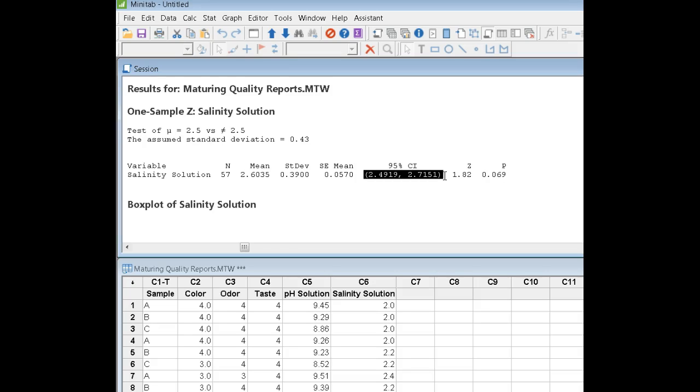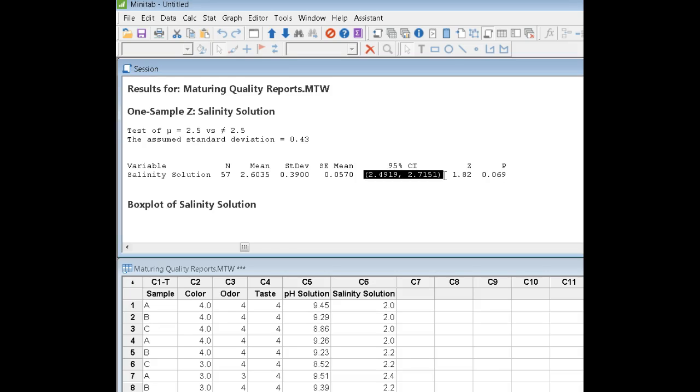When we look at this, the question we're kind of asking ourselves when we look at this interval is, does the value 2.5 fit in this interval? And the answer is yes, 2.5 is going to fit between 2.49 and 2.7. So do my canned shrimp have an average salinity value that is significantly different from 2.5? No, they don't.